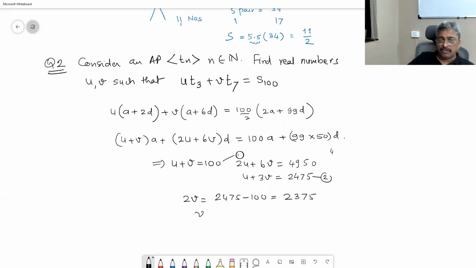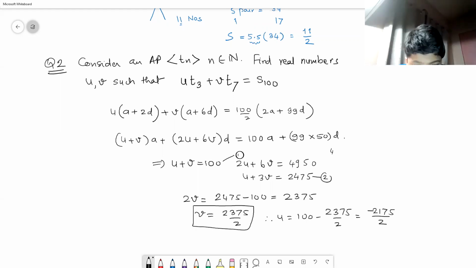Therefore V is equal to 2375 upon 2. And therefore, U is equal to 100 minus 2375 upon 2, which is equal to negative 2175 upon 2. That is your answer.